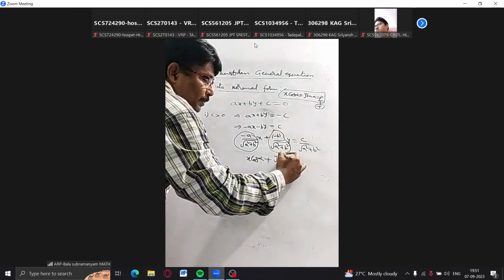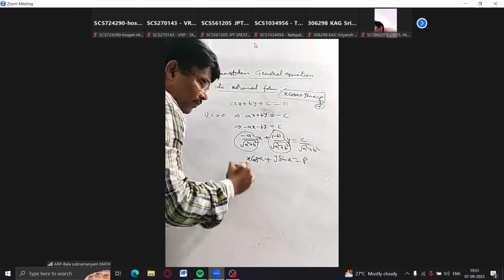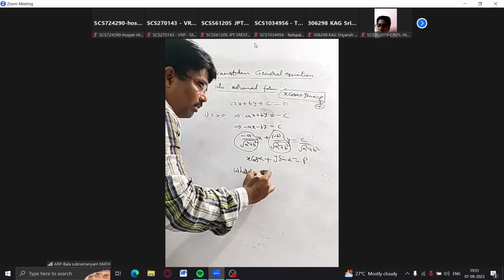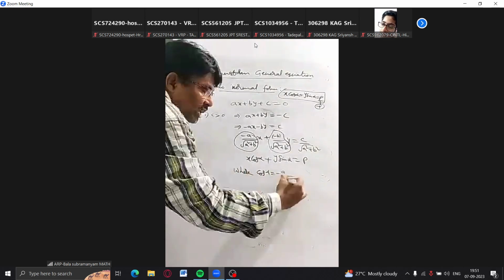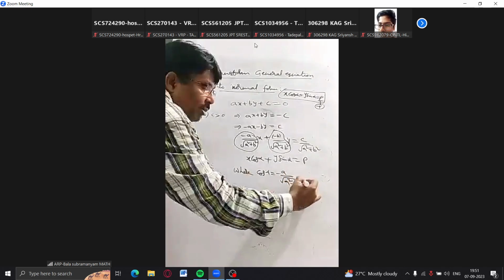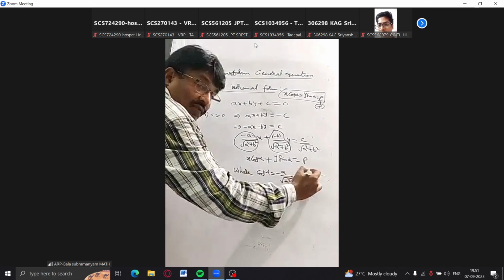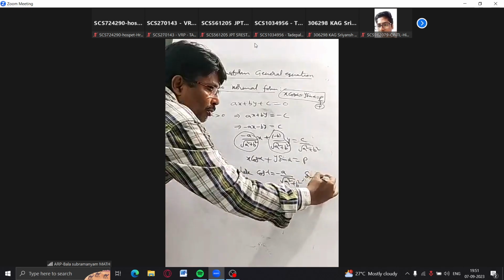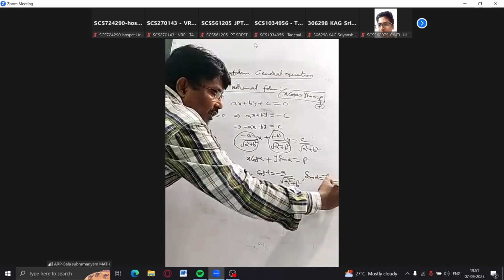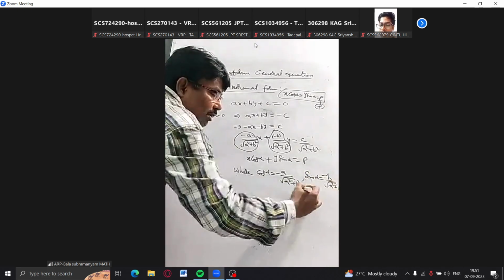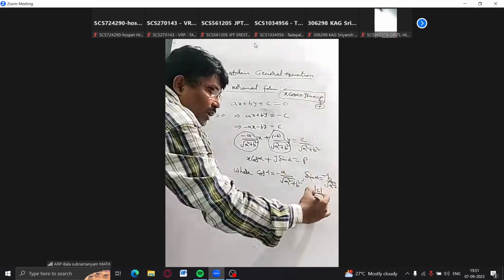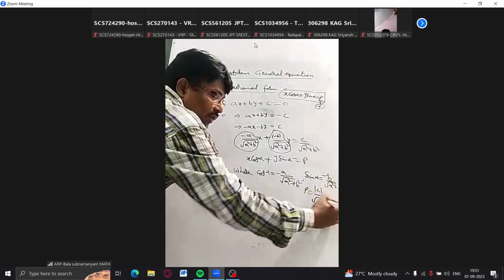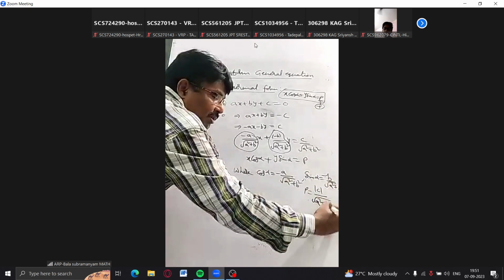So x cos alpha plus y sin alpha is equal to p, where cos alpha is equal to minus a by root a square plus b square, sin alpha is equal to minus b by root of a square plus b square, and p is equal to c. C is positive, always positive, that's why we take the modulus of c by root of a square plus b square.